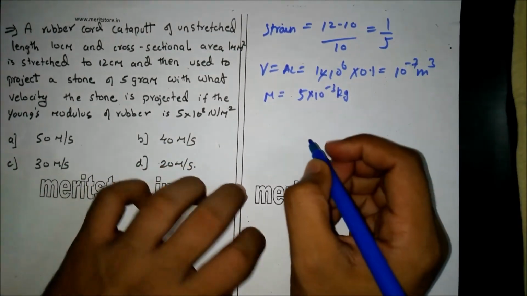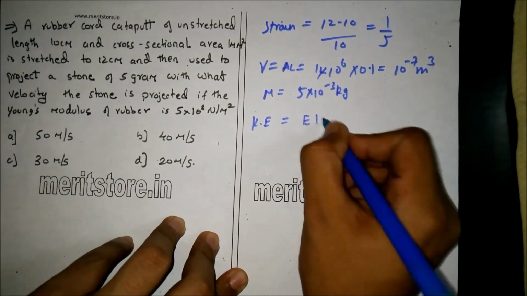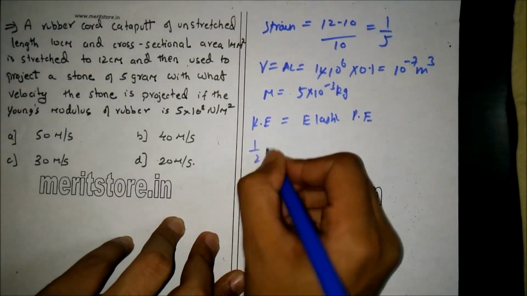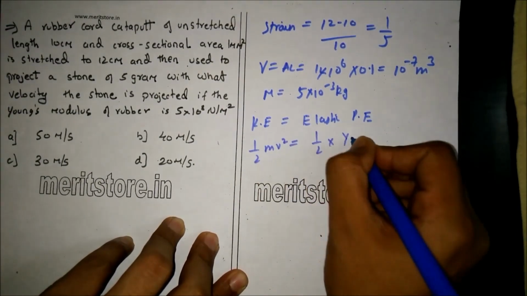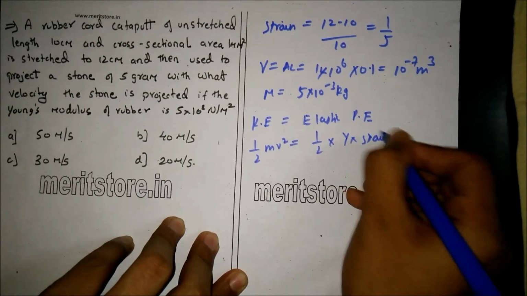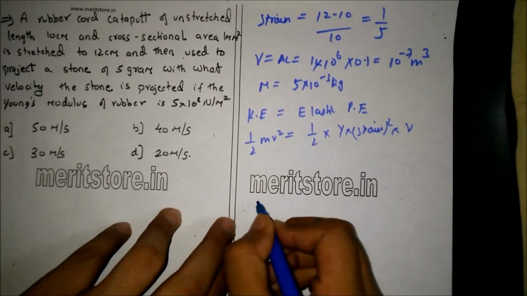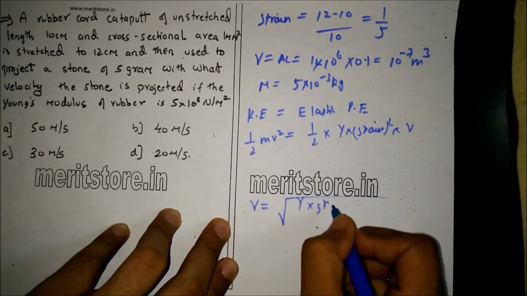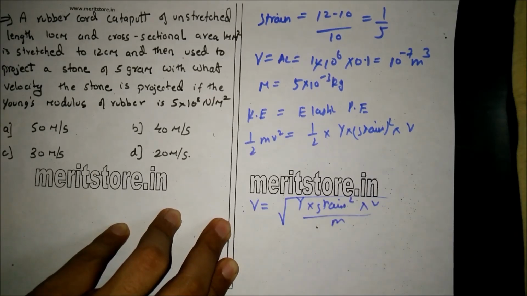Now the kinetic energy of the stone will be equal to the elastic potential energy of the rubber cord. Therefore, half mv square will be equal to half into Y into the strain square into the volume of the cord. Therefore, v is equal to root of Y into strain square into V upon m.